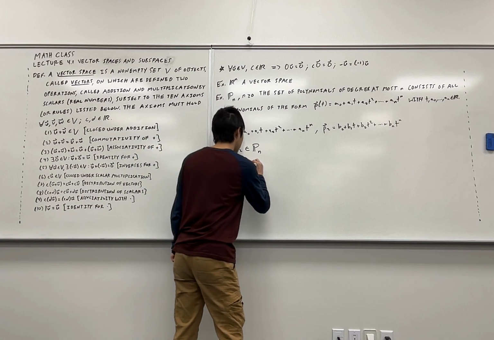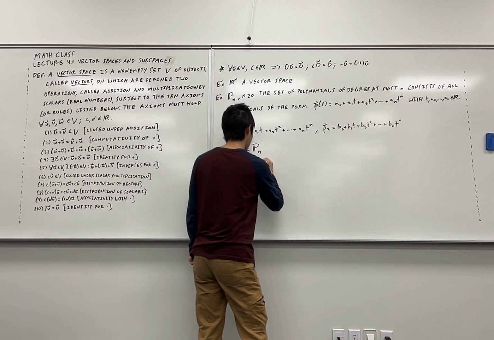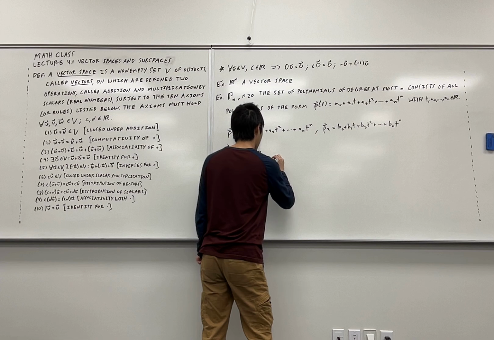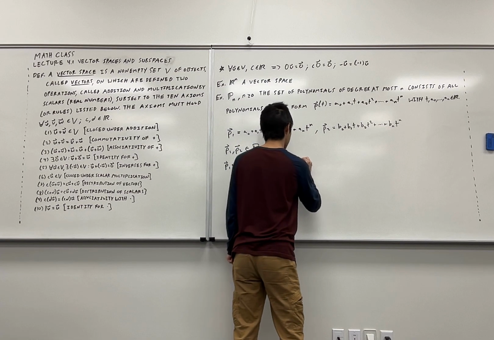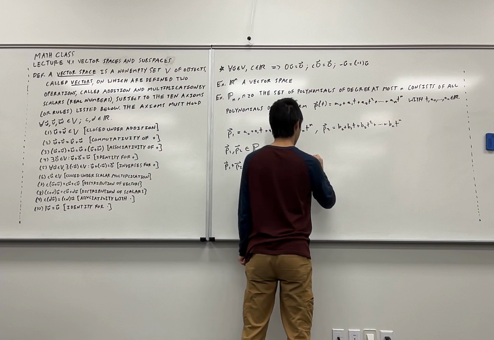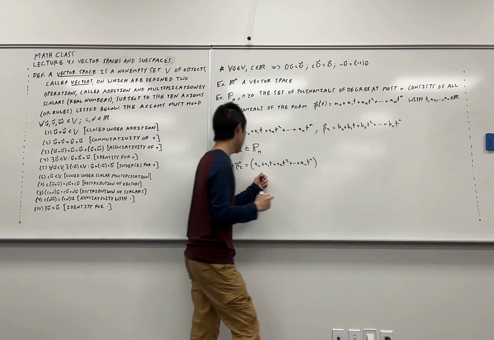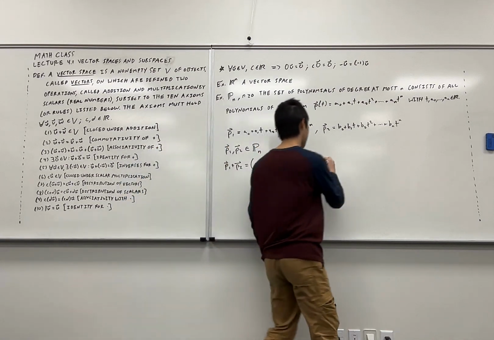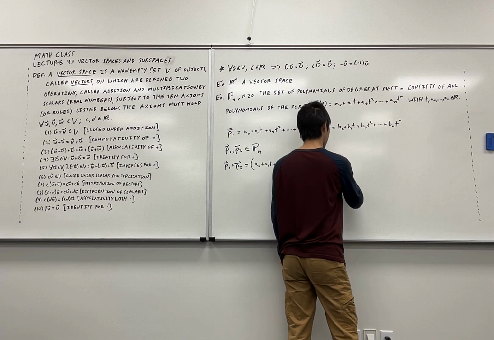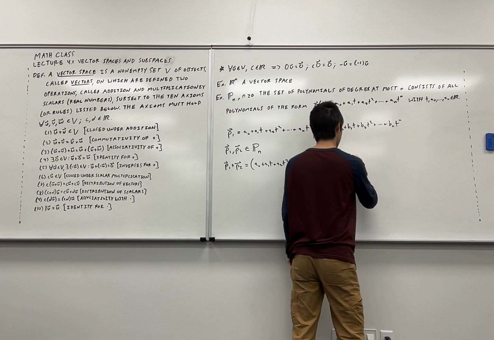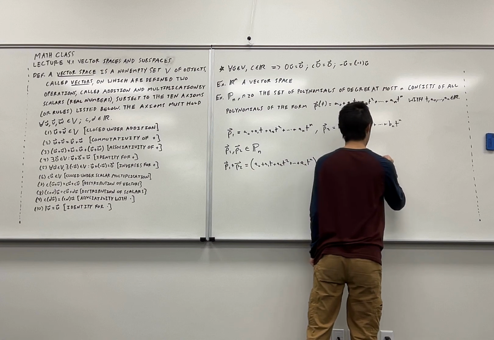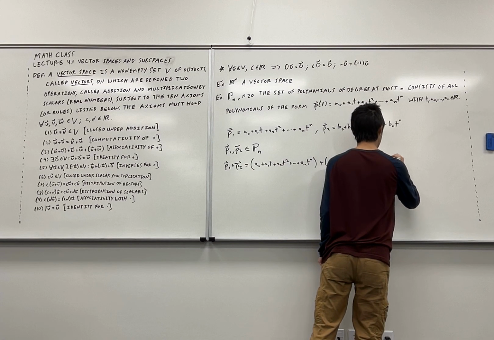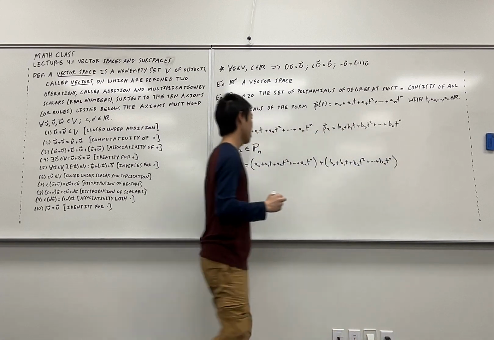But we'll find out that now I have a naught plus a1 t plus a sub 2 t squared plus so on and so forth, a sub n t to the n. So that is p1, plus p2, which is b naught plus b1 t plus b2 t squared all the way up to b sub n t to the n.